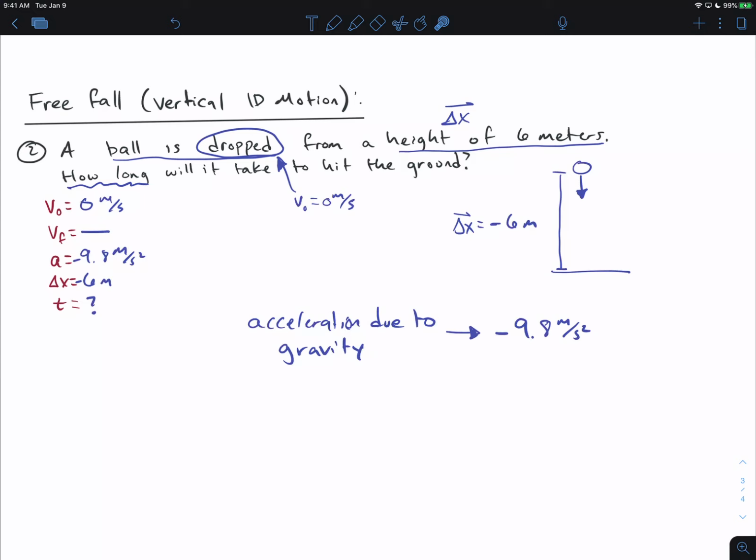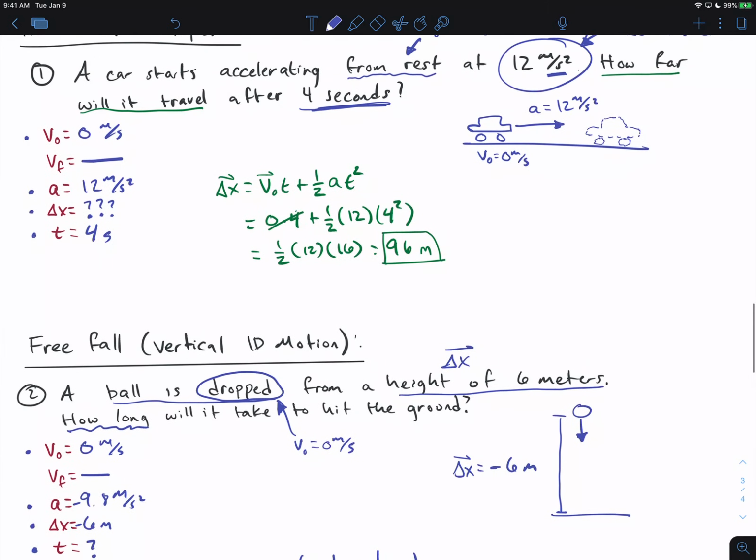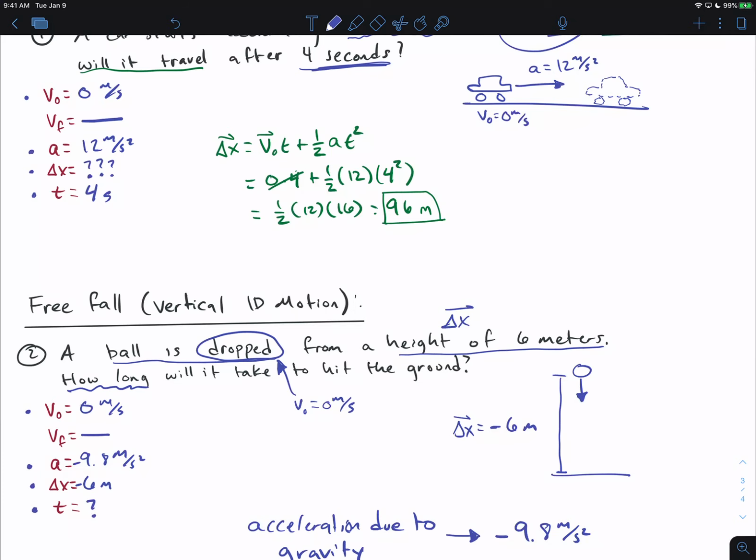Okay, so let's check out what we have and what we're looking for. We have initial velocity, acceleration, displacement, and time. So we've got 4 values here, and I think actually these are the same 4 values that we had in number 1.